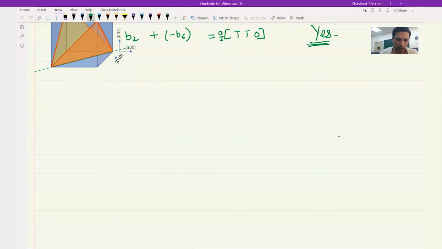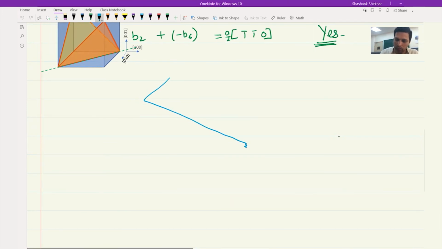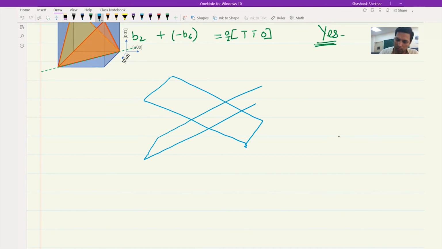So it is on two different planes, 1, 1, 1 and 1, 1 bar 1. So let's say this is one of the planes, and this is another one of the planes.